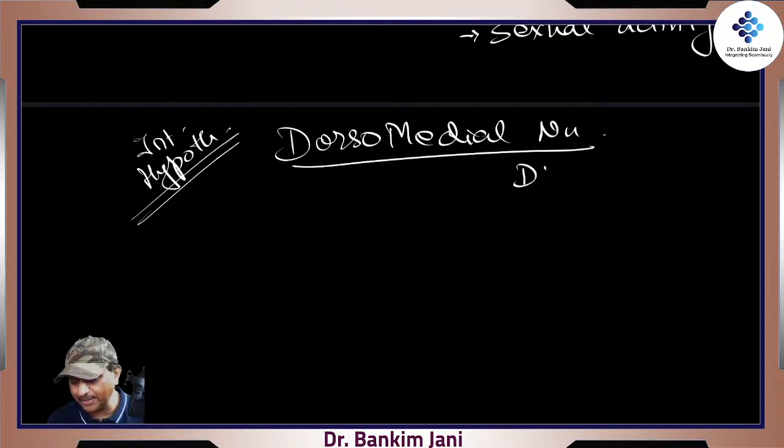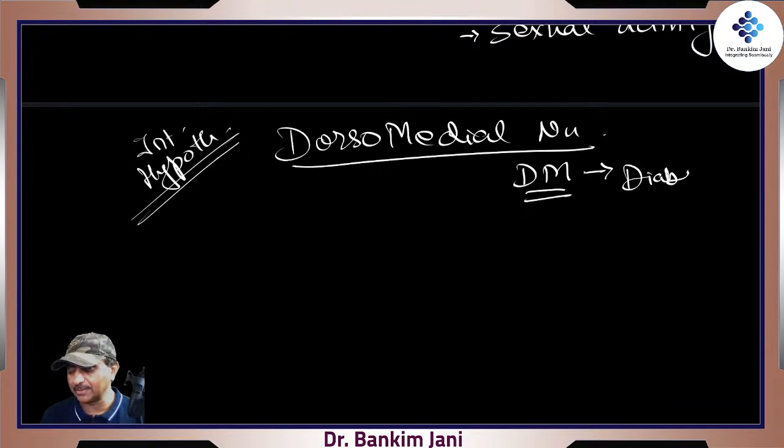Dorsomedial is DM, and if I say DM, name any disease whose abbreviation is DM. Instantly you will say diabetes mellitus. Let's write it with red color. So this is diabetes mellitus.